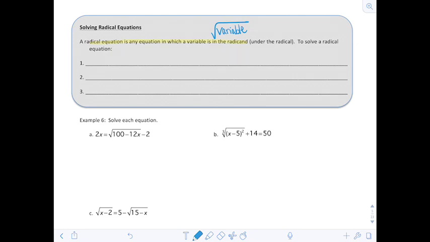To solve a radical equation, we've got 3 steps to help you. First of all, you want to isolate the radical if you can, or at least one. So isolate the radical. Then you're going to raise to the appropriate power.